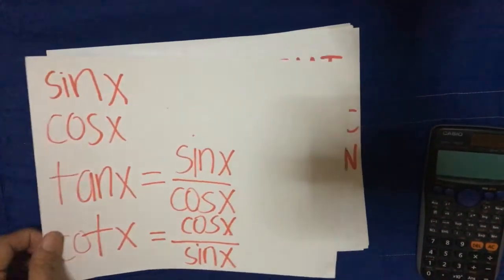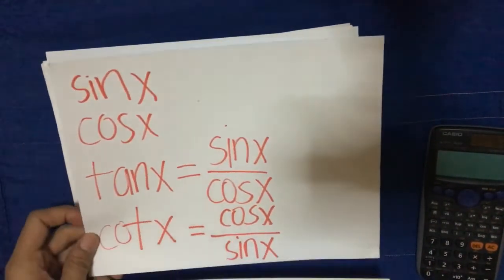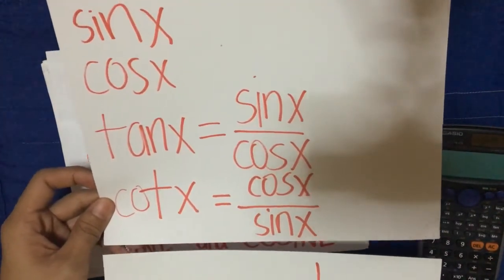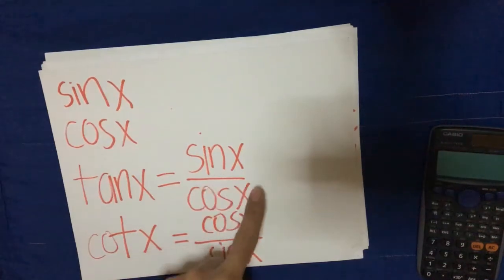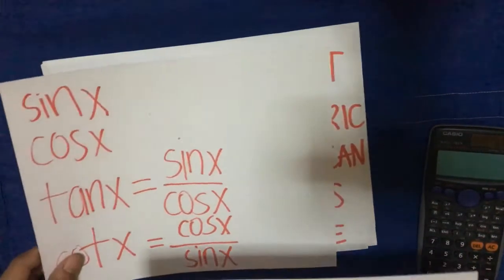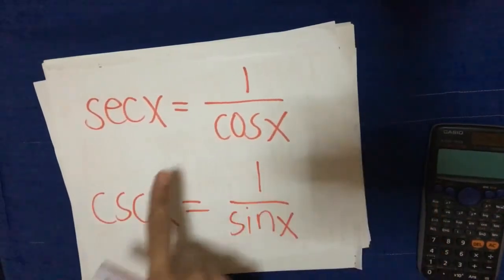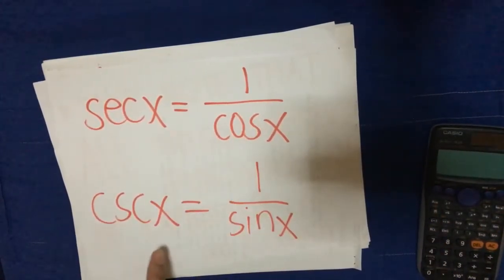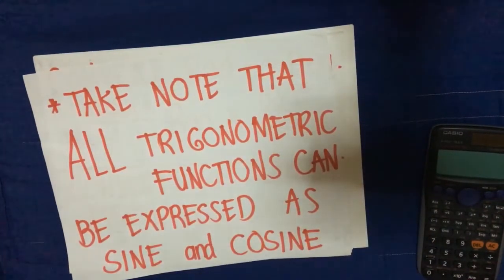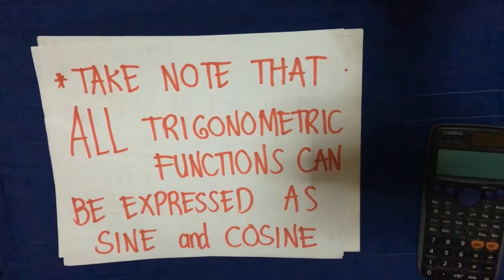So in review, again: sine x, cosine x, tangent x is equivalent to sine x over cosine x, cotangent is cosine x over sine x. How about secant x? That is 1 over cosine x, and cosecant x is 1 over sine x. And there, we can say that all trigonometric functions can be expressed as a function of sine and cosine.